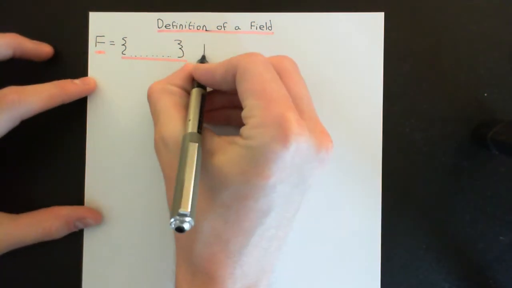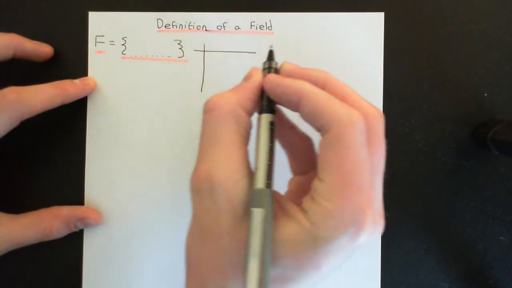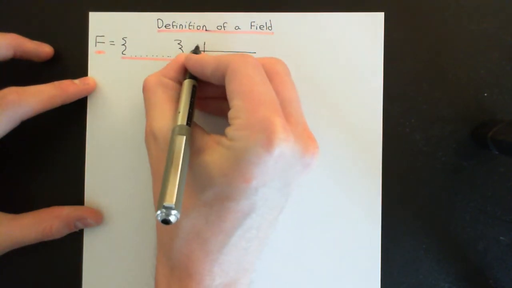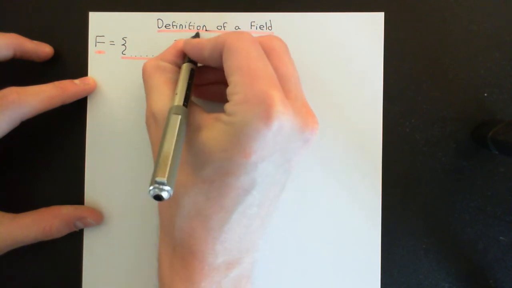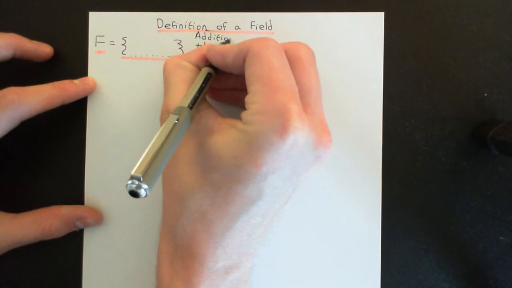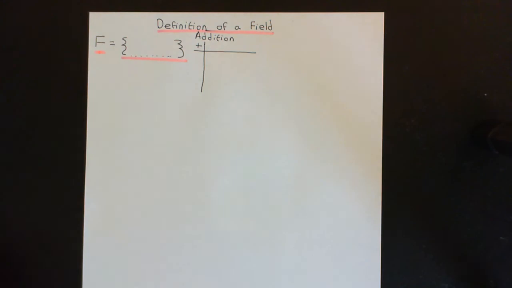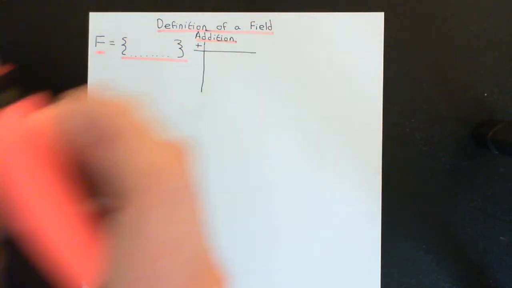So the first composition law, which I'll draw here, so here is its composition table, is going to be called addition. And it's going to be denoted in the normal way, plus here. So composition law number 1 is going to be called addition. That's just the name for this first composition that you're going to create on this set of symbols.